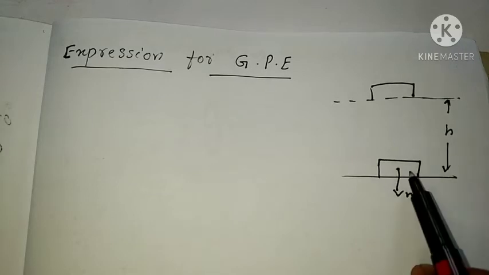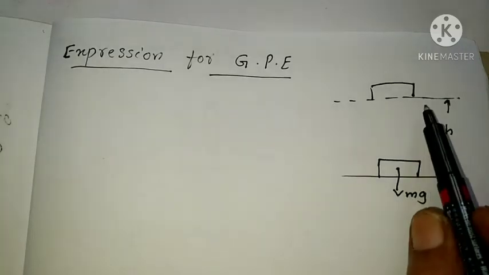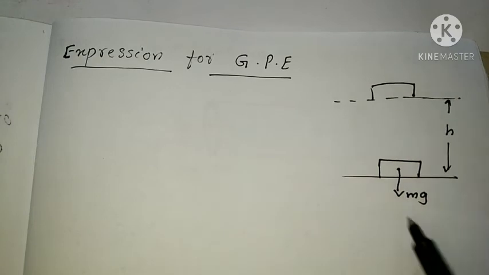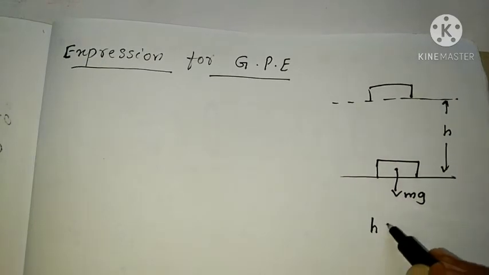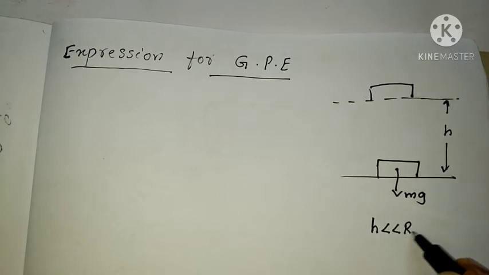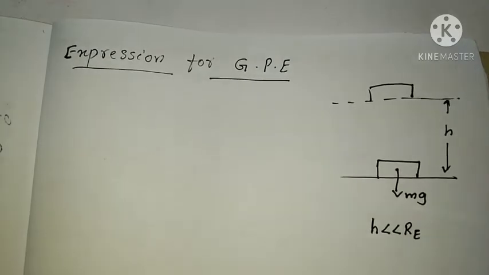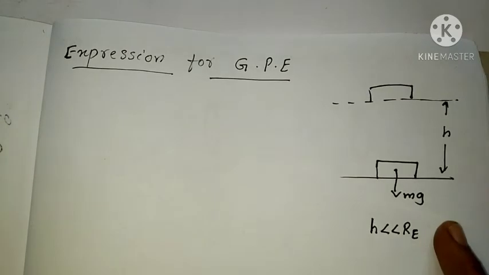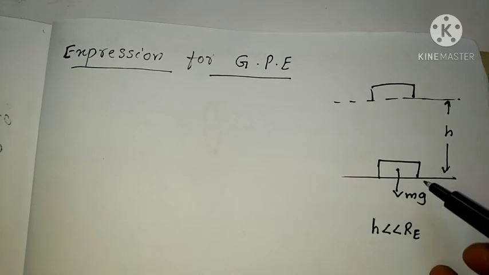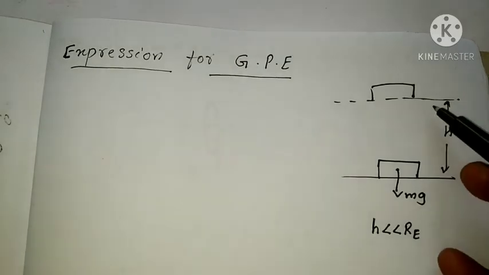You have to lift the body through a height h. This h is very much less than the radius of the earth, so the value of g can be taken to be a constant.